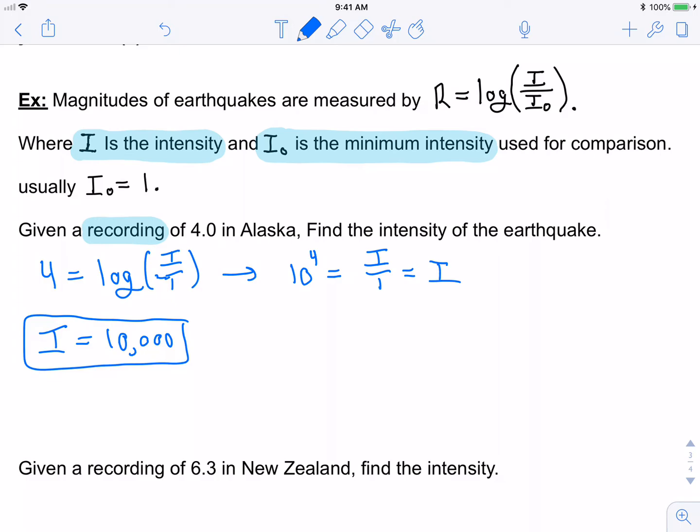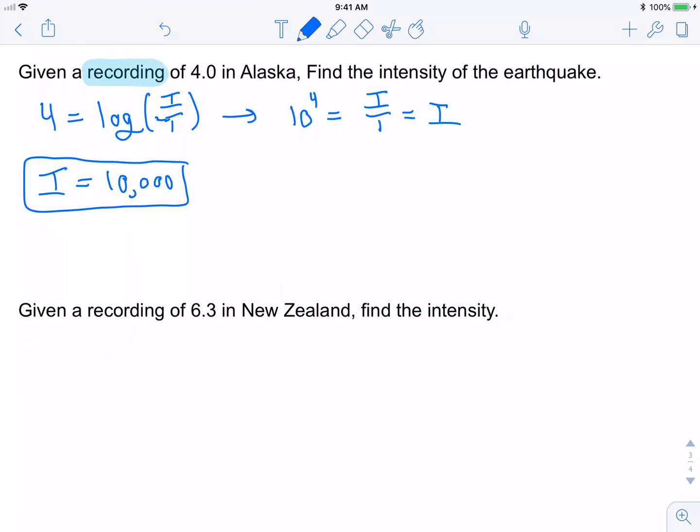Okay, let's compare this against another earthquake. Given a recording of 6.3 in New Zealand, find the intensity of the earthquake, and we solve this in a very similar way. We have 6.3 equals log of I divided by 1, or in other words, 10 to the power 6.3 is equal to our intensity.